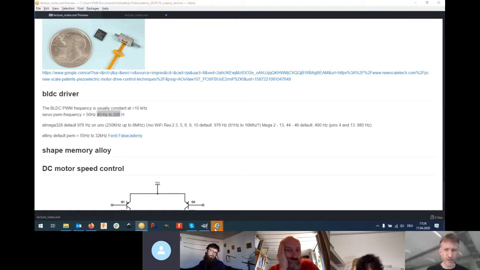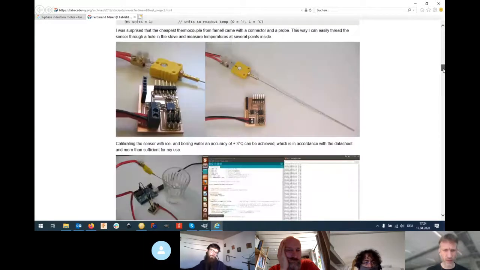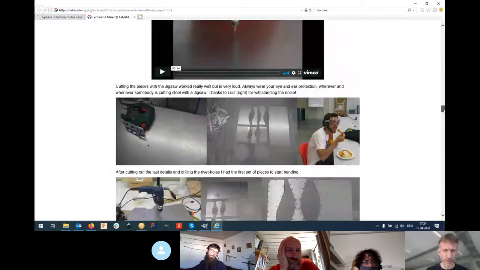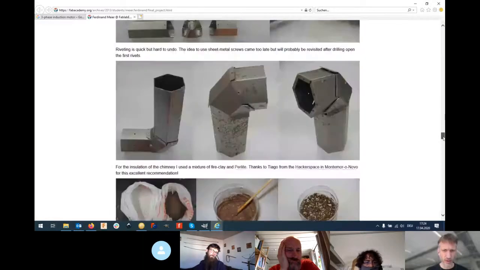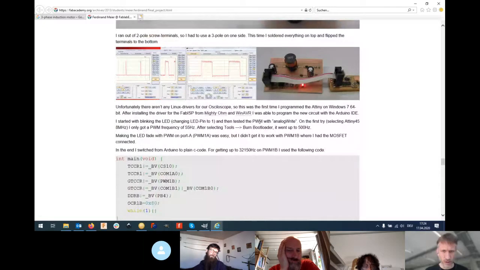The PWM frequency of the Arduino can go from quite low. I think for my Fab Academy, I actually measured it. Once you want to go into the higher PWM frequencies, you have to program it in C. This is a bit of the code where you set your registers.